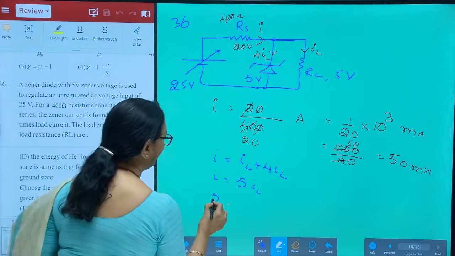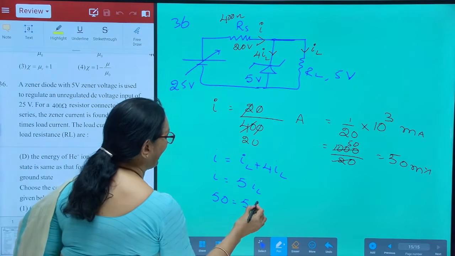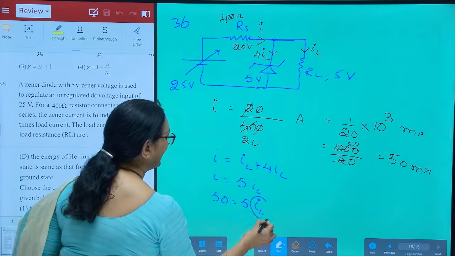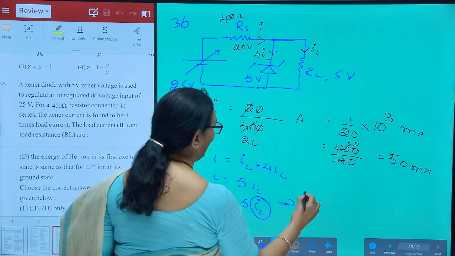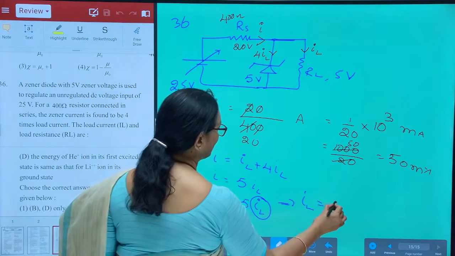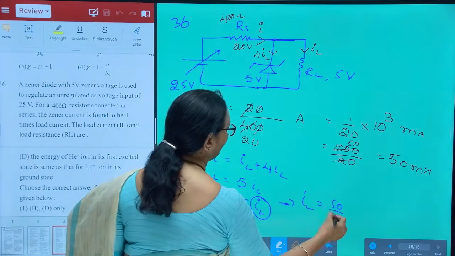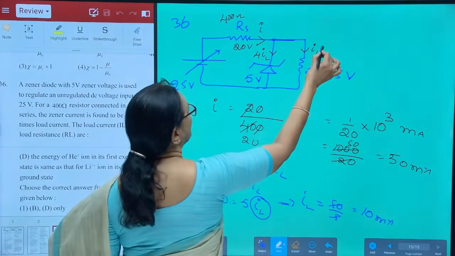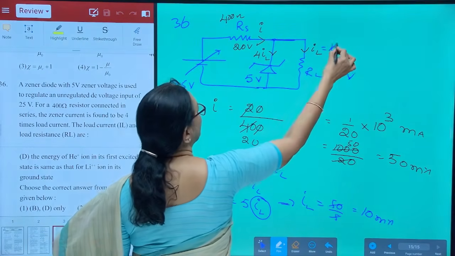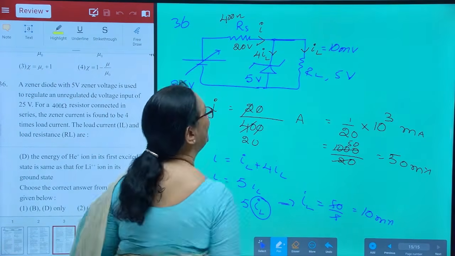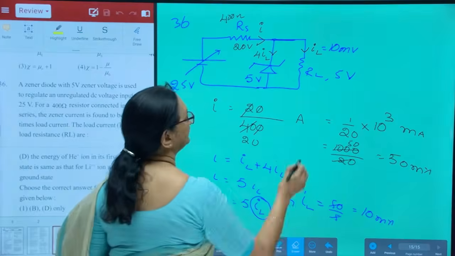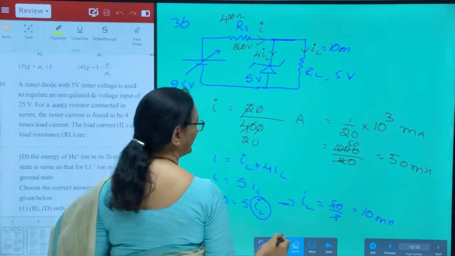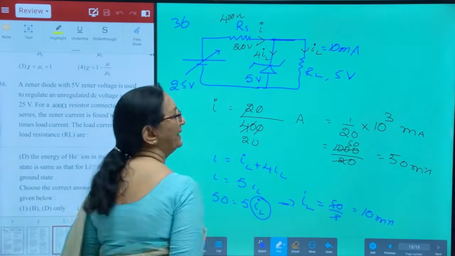I is 50, that is equal to 5 into IL. That implies IL, the load current, is equal to 50 by 5, it is 10 milliamperes. So, the current through the load resistance is 10 milliamperes.